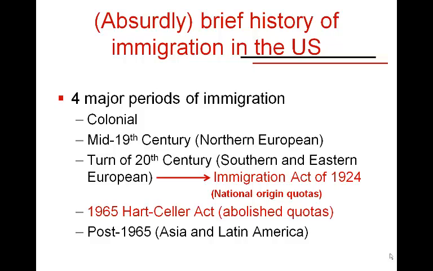The effect of the 1965 Act was to really change the racial and ethnic composition of immigrant streams to the U.S. subsequently. So when we talk about the post-1965 era of immigration, we're referring to a significantly increased proportion of immigrants coming from Asian and Latin American countries that were previously prohibited under these quota and nationality-specific barriers to immigration.